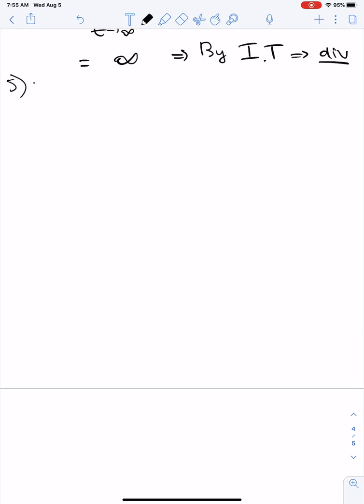Let's do another one. Number 5, let's say we have cosine n over n cubed. All right, convergent, divergent? Same question.